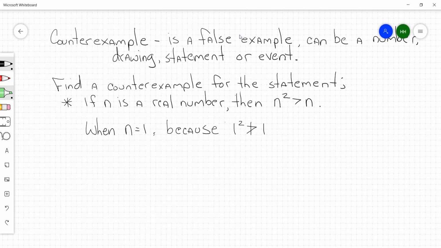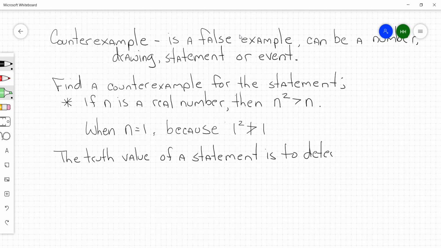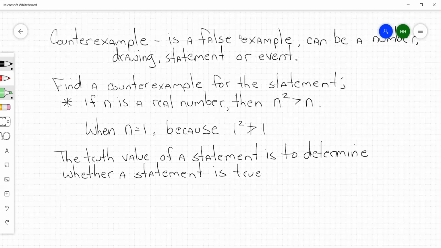The truth value of a statement is to determine whether a statement is true or false. Kind of like your homework, your electronic homework.